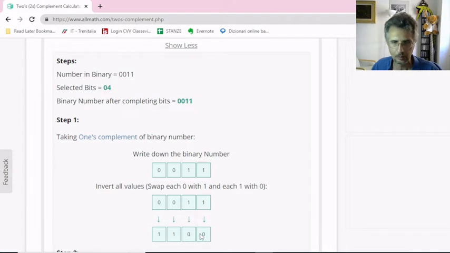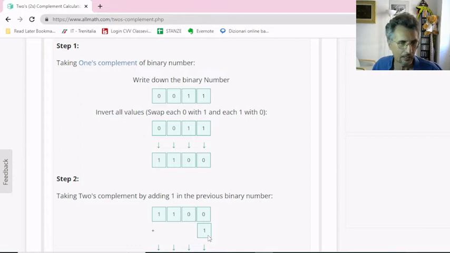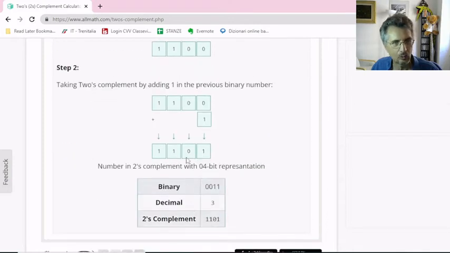This is the first step. And then we have to add 1, just 1, to the result. We add 1 and the result is 1101, our opposite number. So this is the general way to transform a positive number into a negative one.